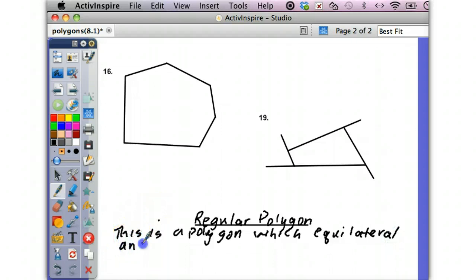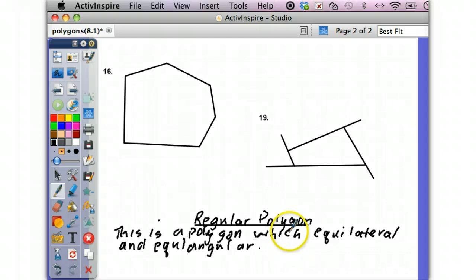Yes, and equiangular. What does that mean again, Bridget? Equiangular. All the sides are equal. No, all the angles are. All the angles. And yet, who can give me an example of a regular polygon? One that we see all the time, right? Square. A square would be one.